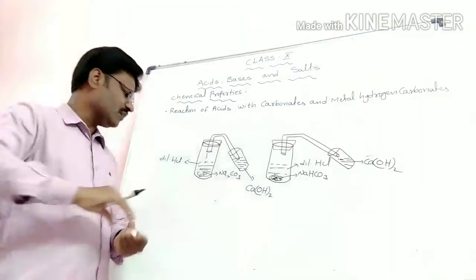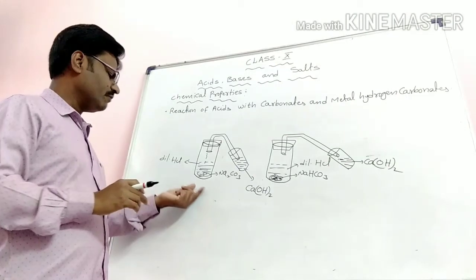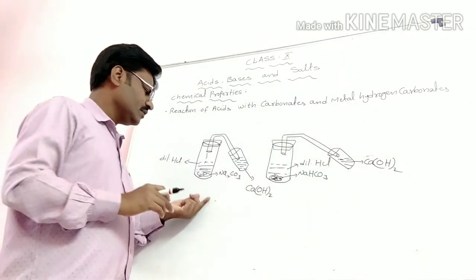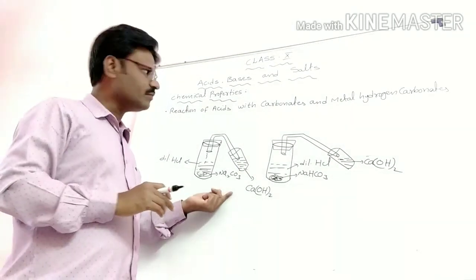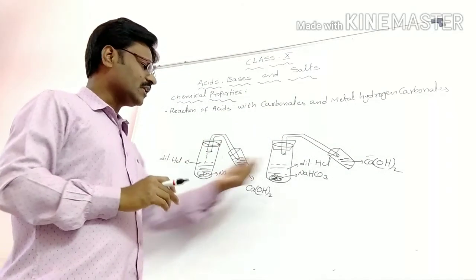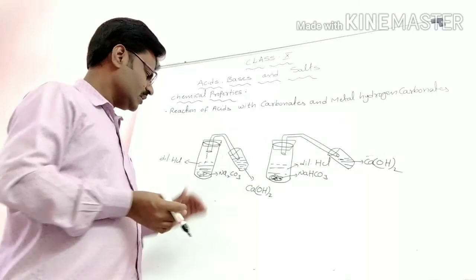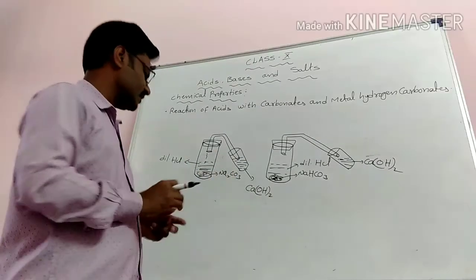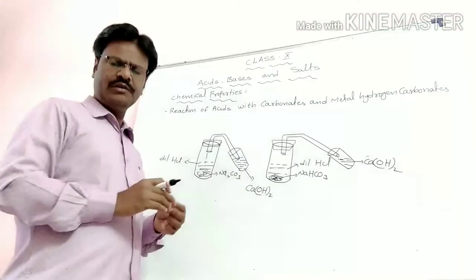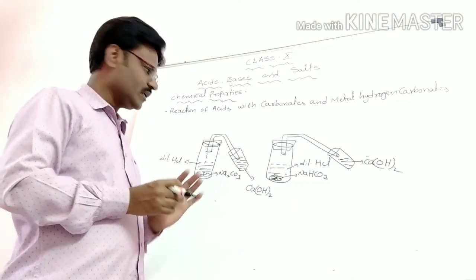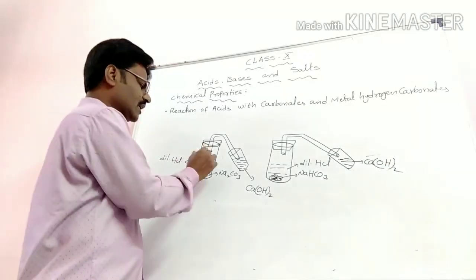So once we observe here, in one test tube we take sodium carbonate, meaning metal carbonates. In another test tube we take metal hydrogen carbonate. So we are adding acid in two test tubes, dilute hydrochloric acid. Here it releases one colorless gas.